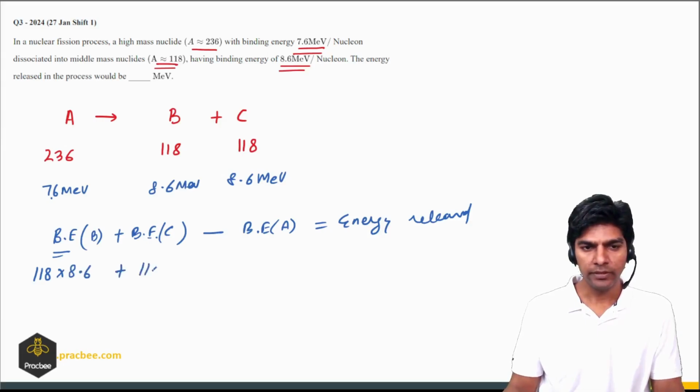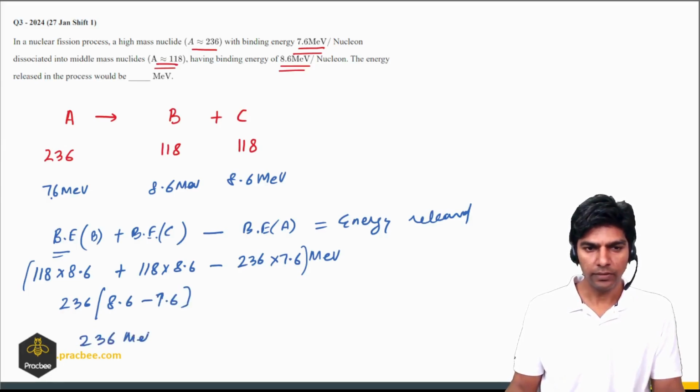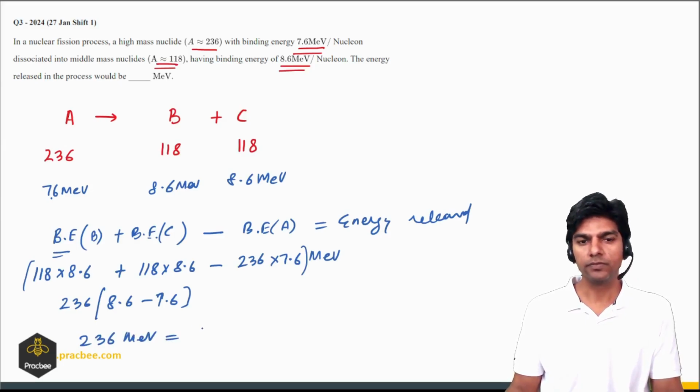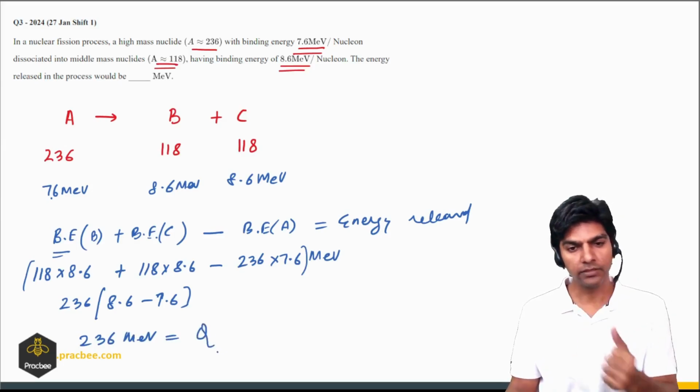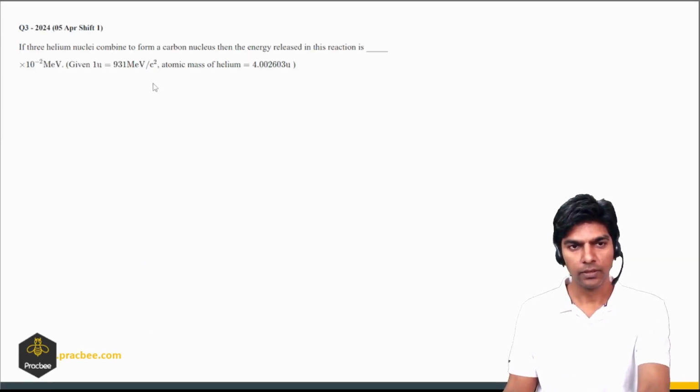Similarly for C it will be 118 times 8.6, and for A it will be 236 times 7.6, and this result will be in mega electron volt. So from this we can say 236 times 8.6 minus 7.6, which comes out to be 236 mega electron volt. So that is the amount of energy which is being released, and this released energy is denoted with Q. So Q value will be 236, right? So that is the answer of this question.